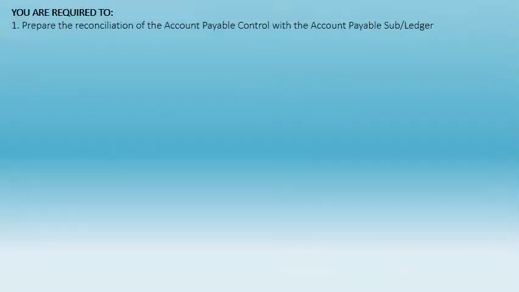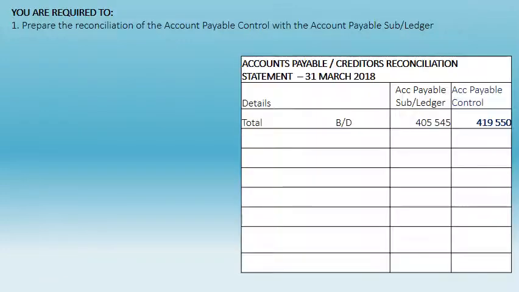If you are required to prepare the reconciliation of the accounts payable control with the accounts payable subsidiary ledger without rewriting the accounts payable control in the general ledger, your accounts payable or creditors reconciliation statement at the end of the month will have the following columns: the details column, the accounts payable subsidiary ledger column, and the accounts payable control column.